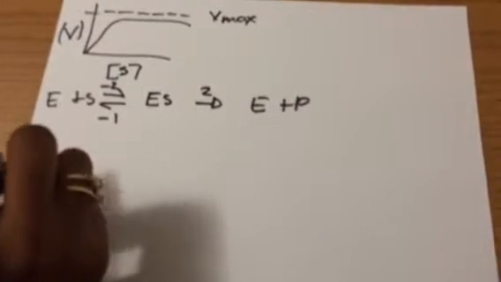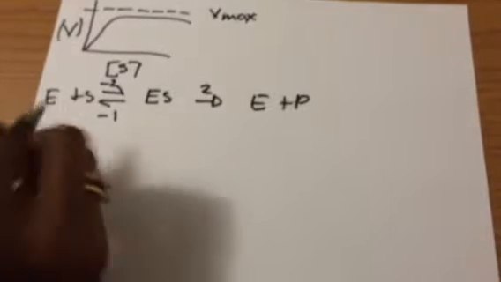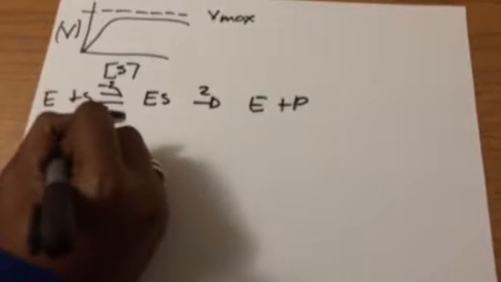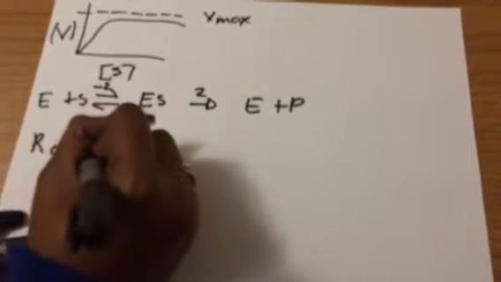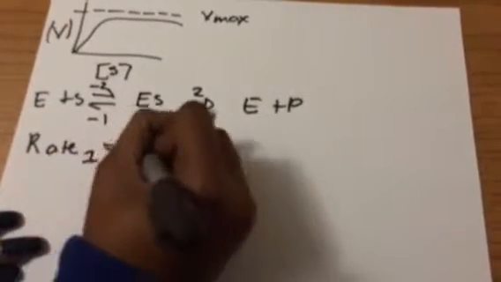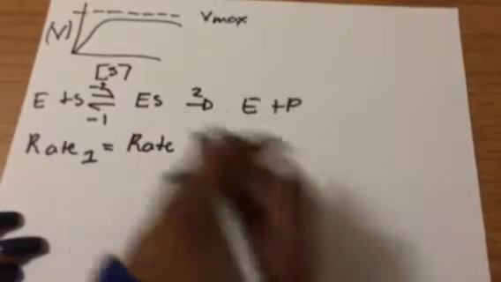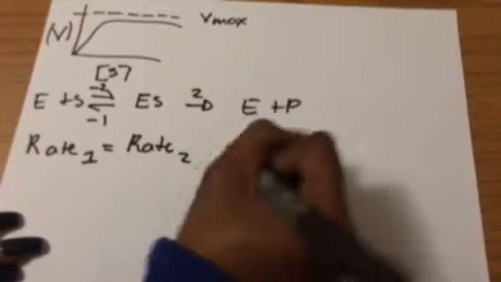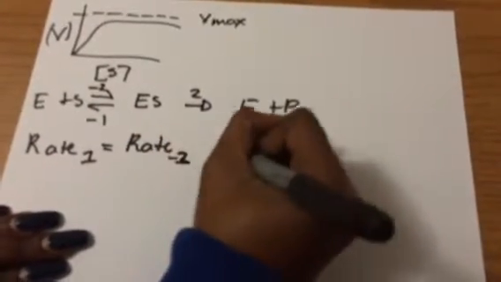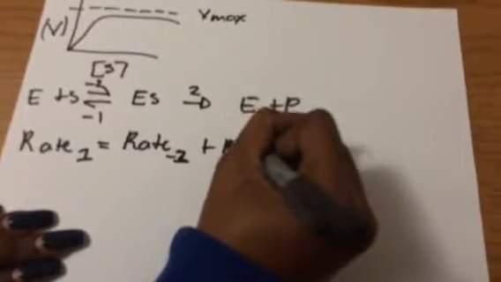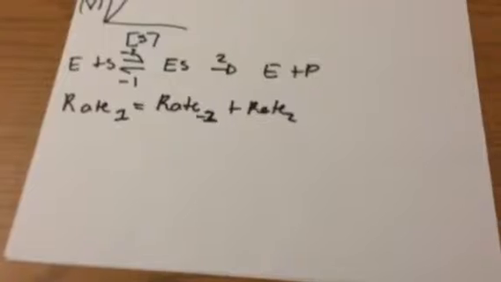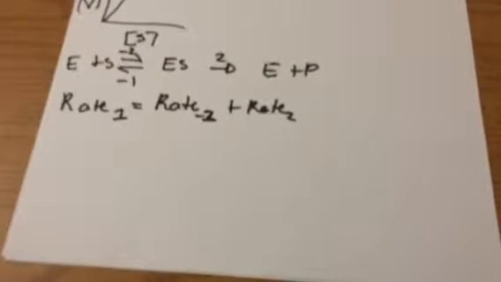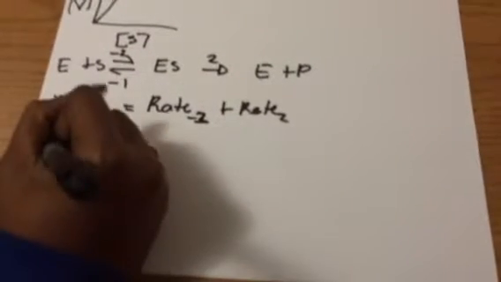And I'll also write out the steady state equation where we have rates forming ES equal to rates taking away from ES. First thing we'll do is swap out the rates values for their rate constant.